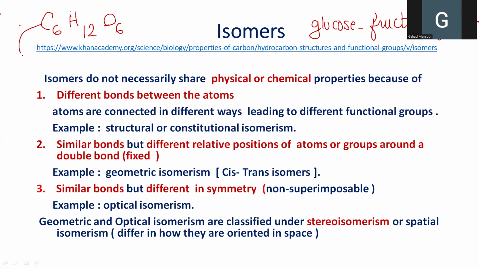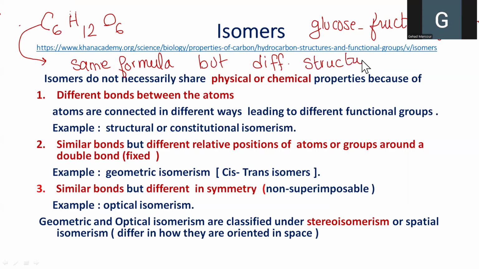It's understandable that these molecules are isomers because they have the same chemical formula, but they have a different molecular structure, or different arrangement in space.